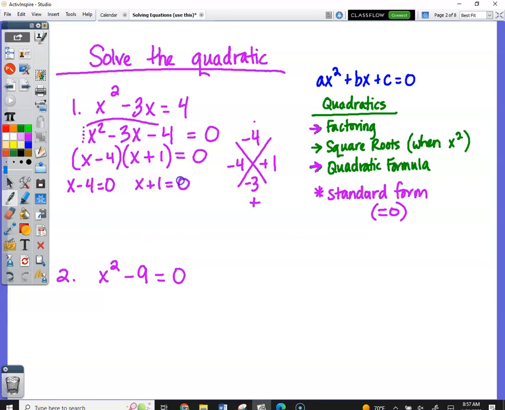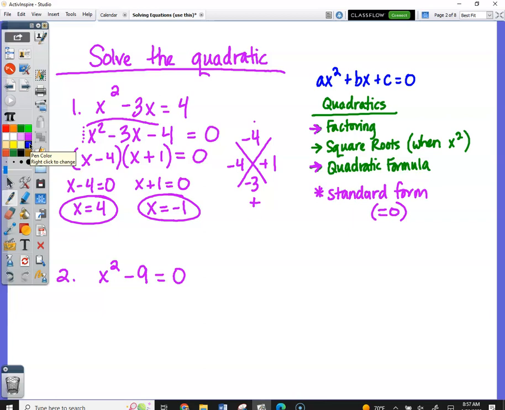Some of these, as you do this over and over, you can solve in your head, but I'm just showing you the work that would be involved. So the solutions here are 4 and negative 1. Okay, that was an example of factoring.